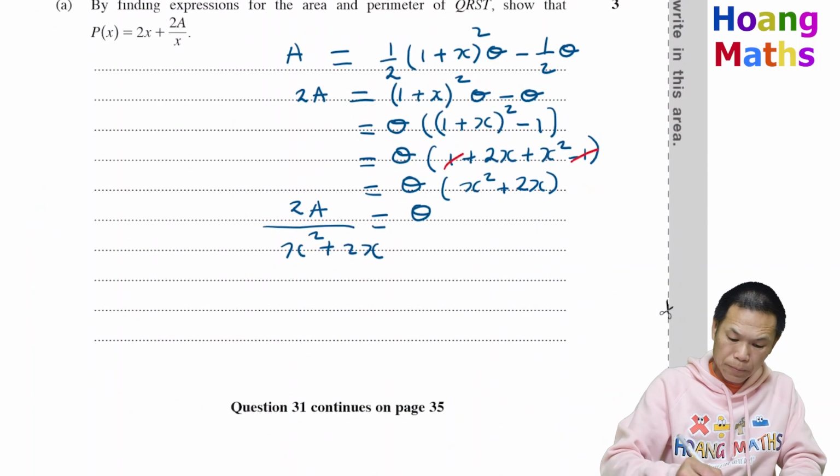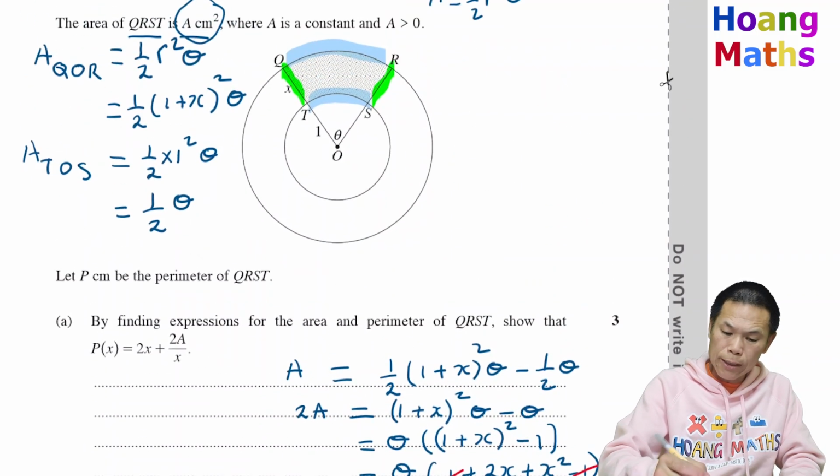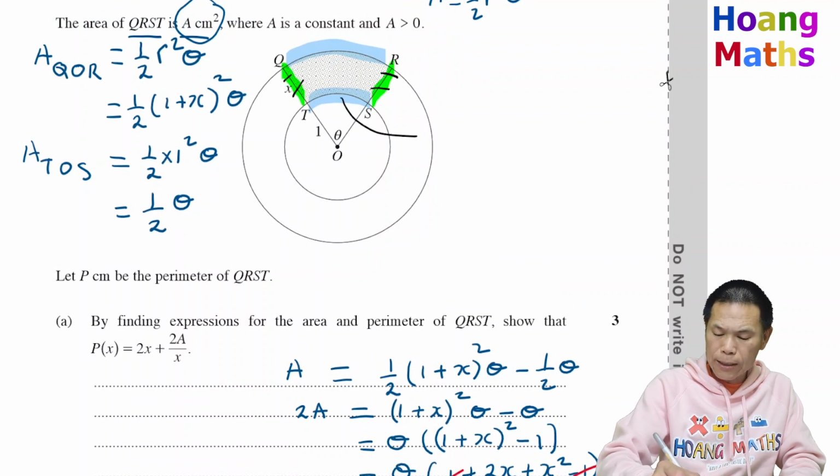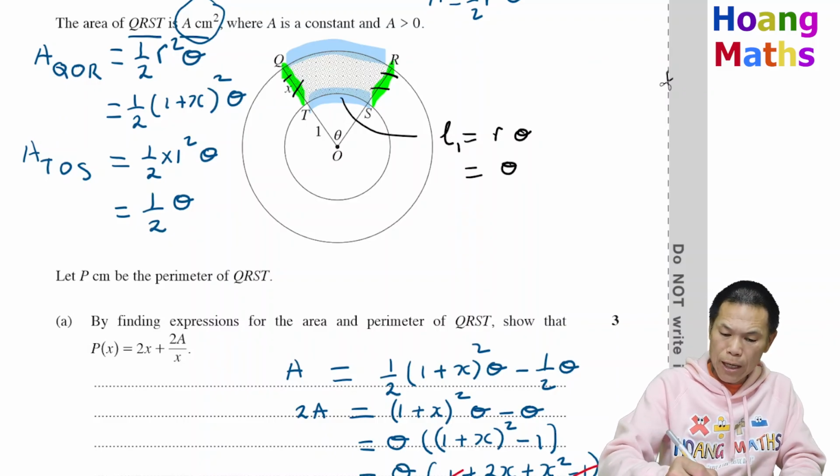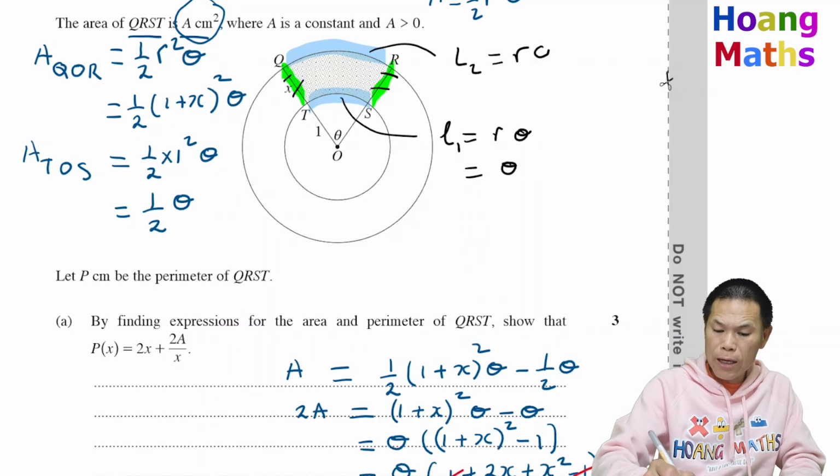The perimeter is equal to 2x, and this arc length here, L1, is r theta. r is 1, so it equals theta. And this L2 here is r theta as well. So r is 1 plus x, and then we multiply by theta.